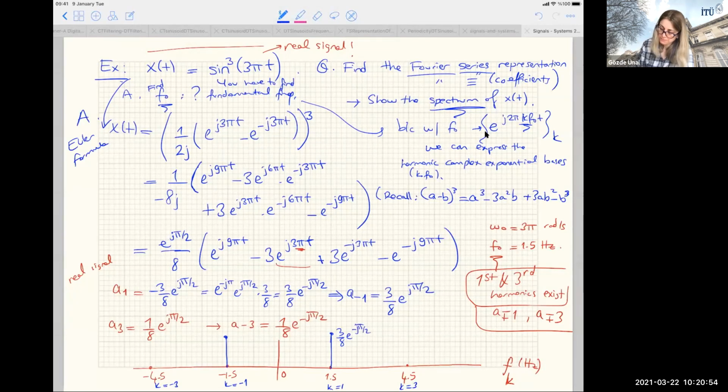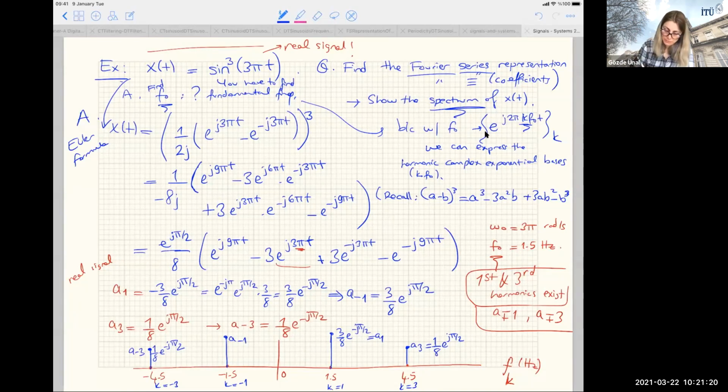So this is really A minus 1. You guys can see, write it down. And this is A3, which is 1 over 8 e to the j pi over 2. And this is really A minus 3, which is 1 over 8 e to the minus j pi over 2. Is this good? Yes, are we following?